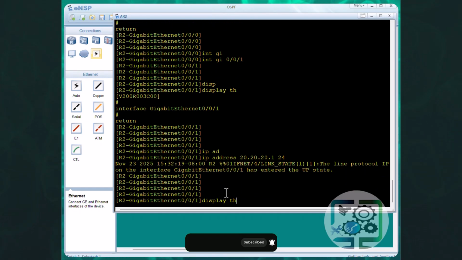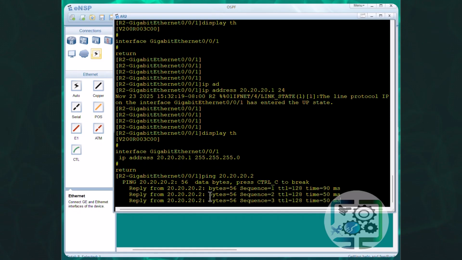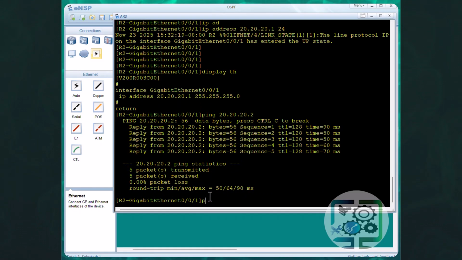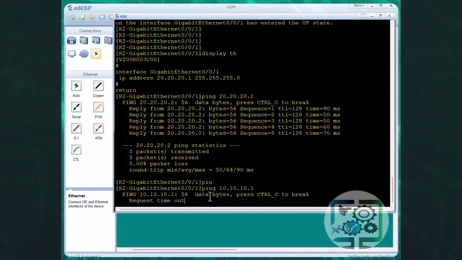Now we can see the IP address configured here. We can also ping the PC in this LAN, which is 20.20.20.2. The ping is okay. Now we will try to ping the other network on router 1, which is 10.10.10.1, and you can see it is unsuccessful.